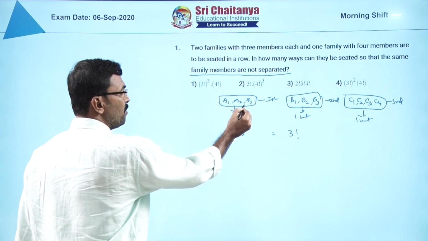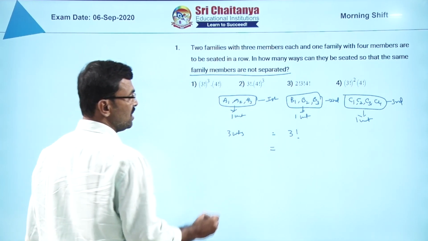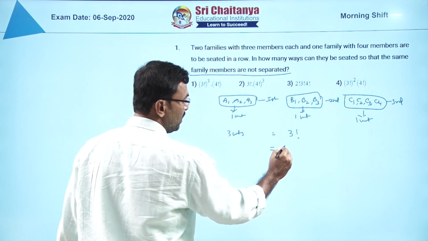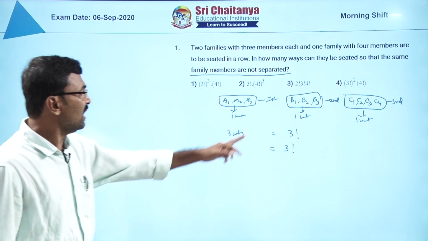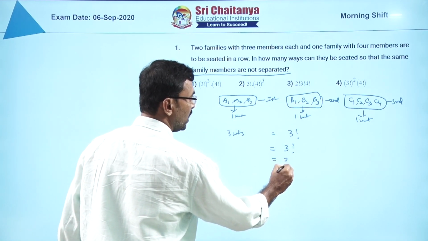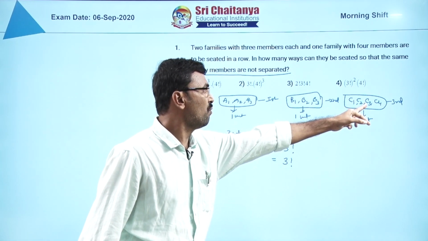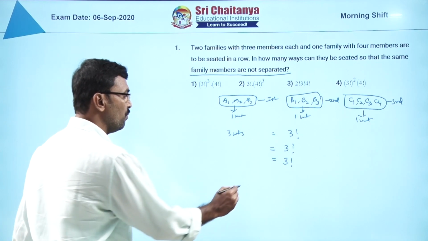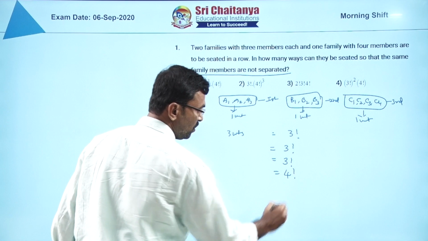The first family has 3 members, so internal arrangements in the first family will be 3 factorial ways, in the second family again 3 factorial, and in the third family we have 4 persons, so we can arrange them internally in 4 factorial ways.